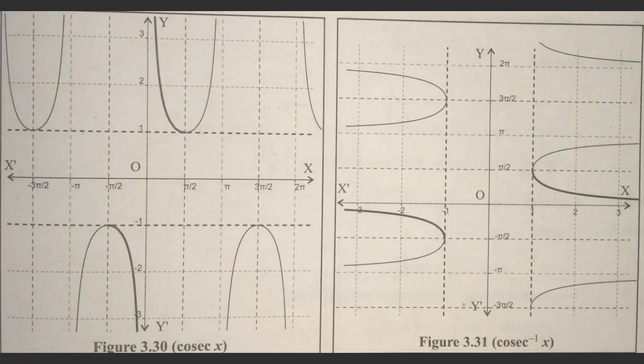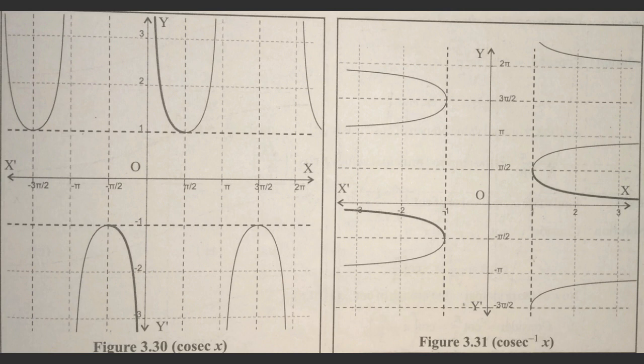Now, in this figure, both the graphs of y equal to cosec x and y equal to cosec inverse x are shown. In both these graphs, the domain of cosec x and cosec inverse x is along x-axis, while the codomain is along y-axis. As both functions are the inverses of each other, we can easily observe the change in the directions of curves in both these graphs.